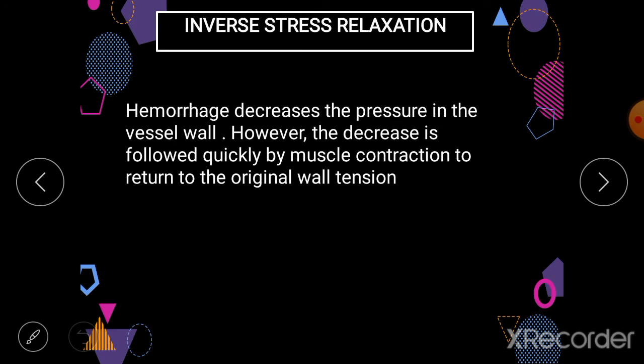To accommodate this lesser amount of blood, the blood vessel tries to contract around the remaining volume of blood, so the pressure can be increased and this remaining amount of blood can be circulated efficiently within the body.